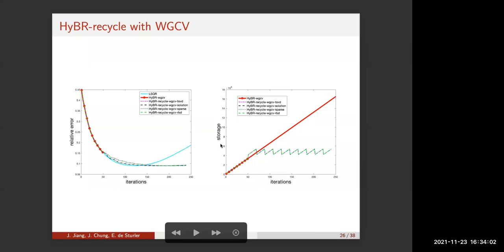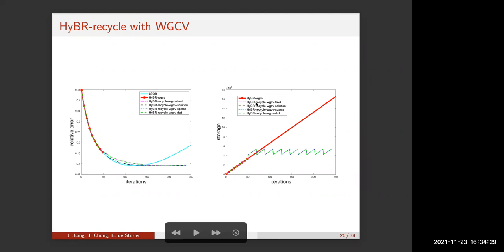Storage here means the unit, where the unit is defined such that if we save one scalar, the unit is 1. So the storage of a vector is the number of elements of the vector. We check how much storage we need. For the hybrid method, since we don't do any compression, we can see it keeps increasing as the number of iterations increases.